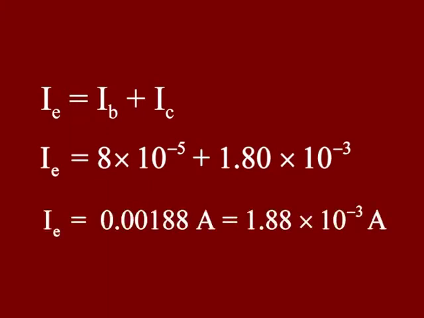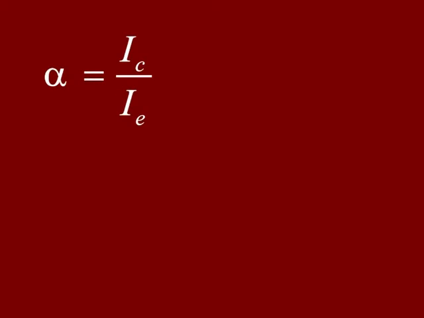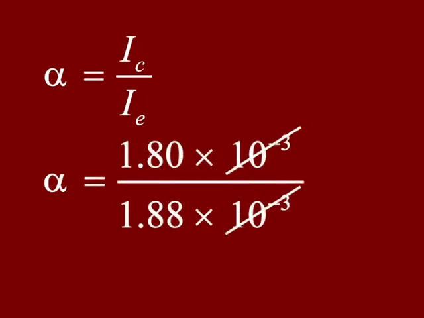That is 0.00188 ampere or 1.88 into 10 raised to the power minus 3 ampere. Then we also need to calculate the value of alpha, which is the ratio of IC and IE. So, dividing the value of IC by that of IE, we have alpha as equal to 0.957.